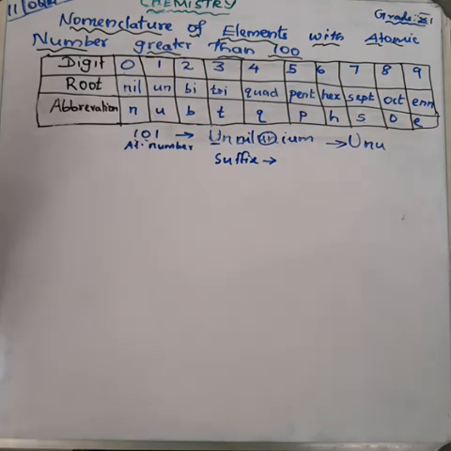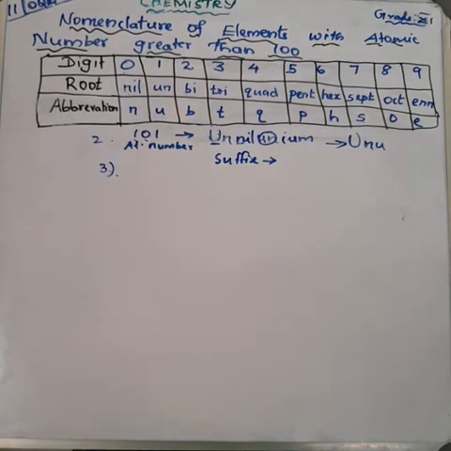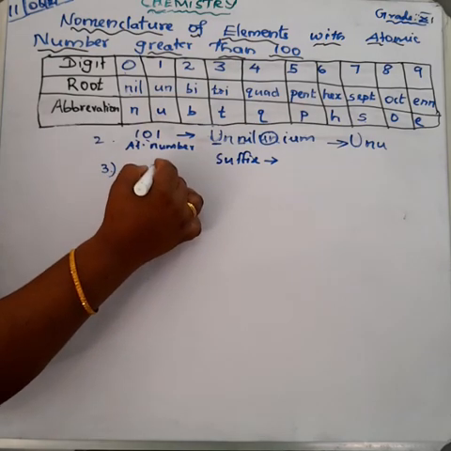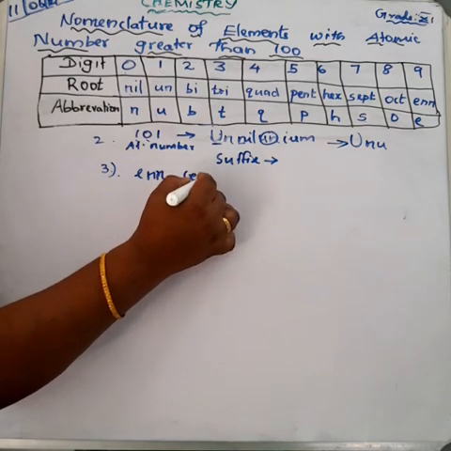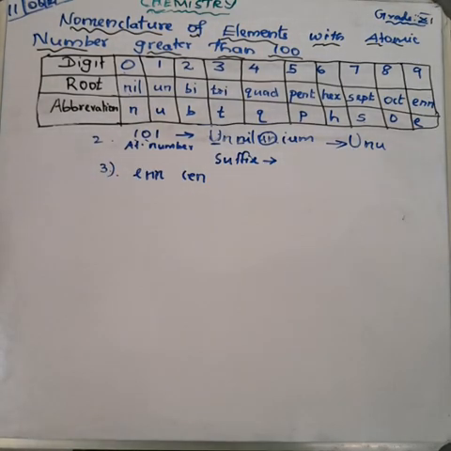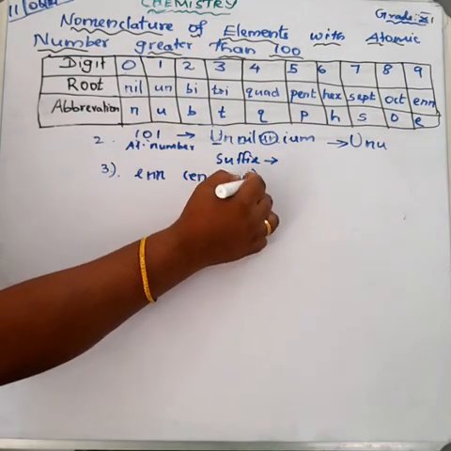And what about the third rule? The final n of enn is omitted when it is written before nil. Similarly, the final i of bi and tri is omitted when it is written before ium. Understood?